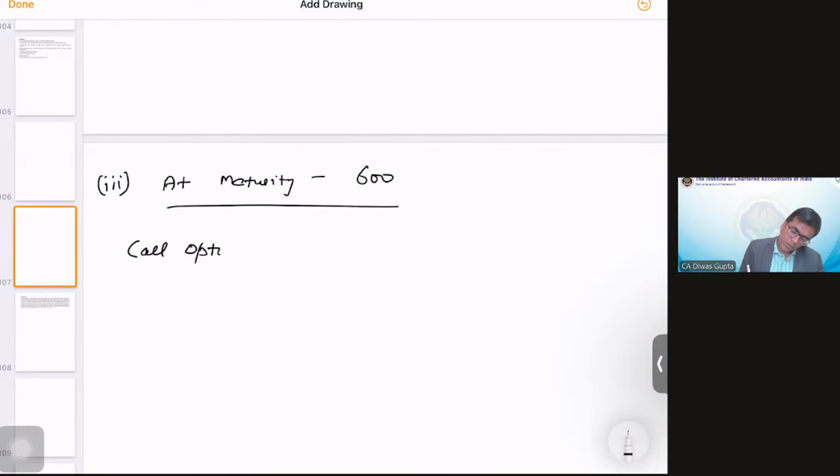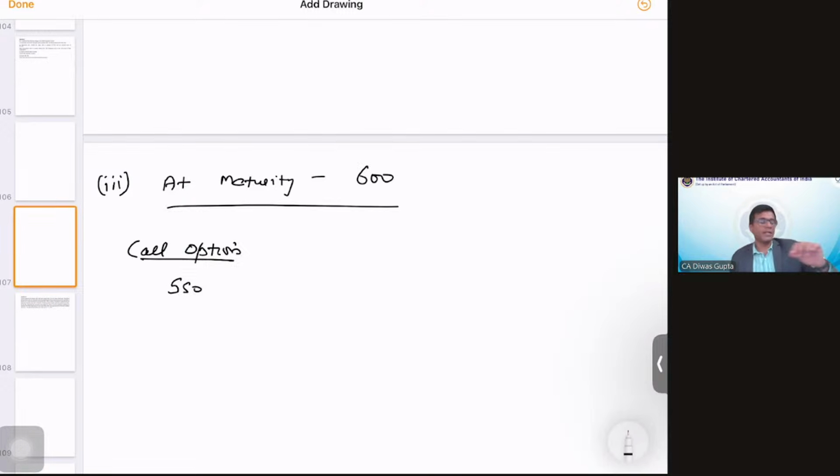Let's talk about the call option. Strike price 550. Now students, tell me, is the call option in the money or out of the money? In the money, sir. Very good. Please check, this is in the money, because the actual price is higher.